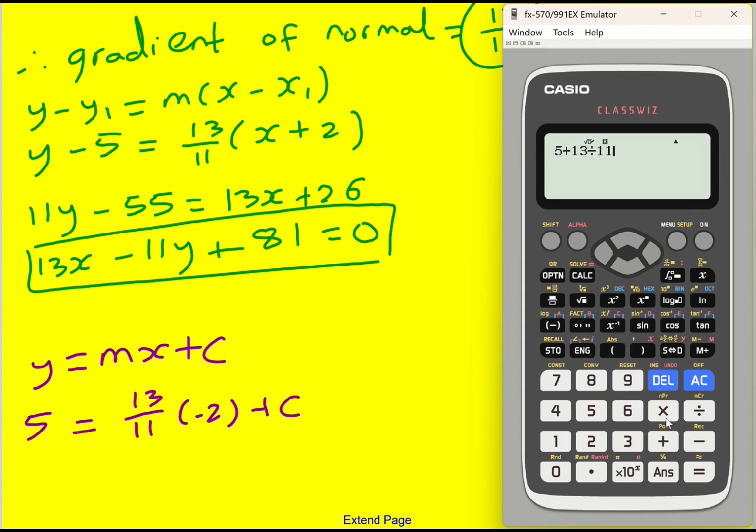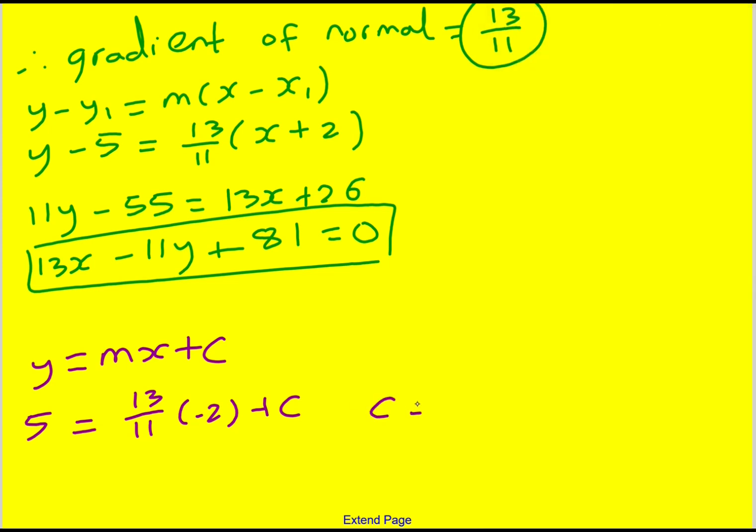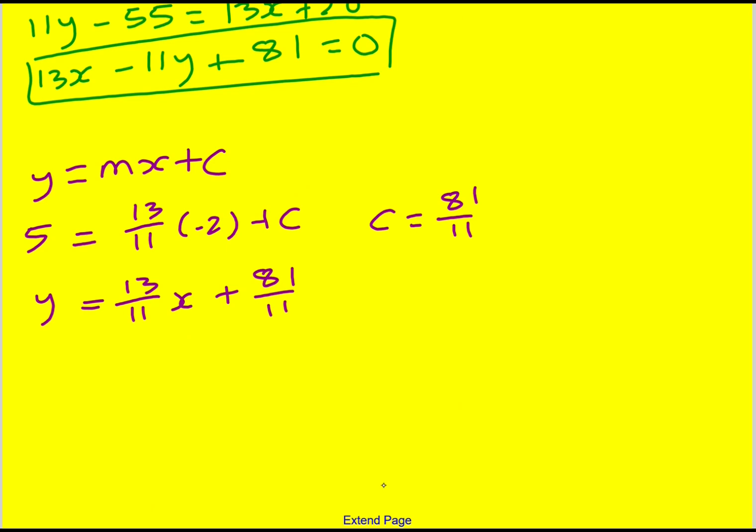So 13 over 11 times 2. So c is 81 over 11. Okay, then we get y equals 13 over 11 x plus 81 over 11. We can times through by 11. I will do actually 11y equals 13x plus 81. And then finally minus the 11y.